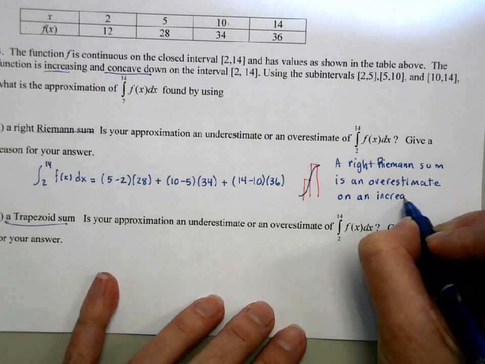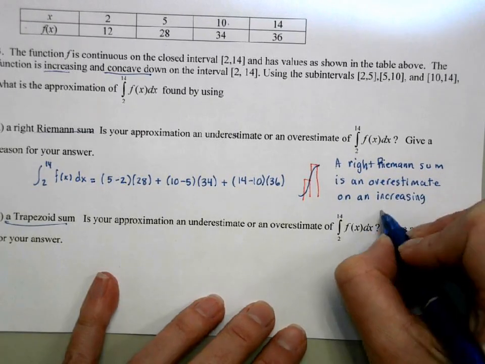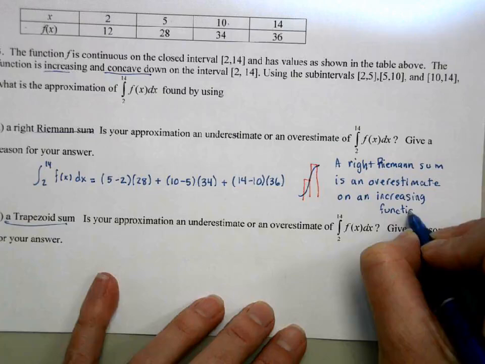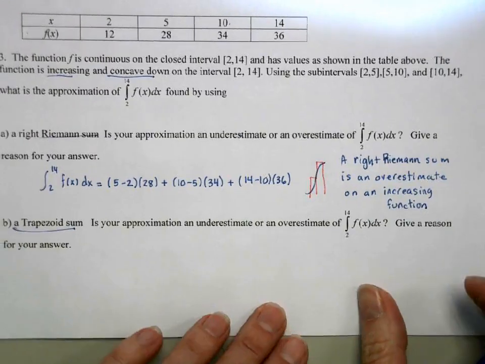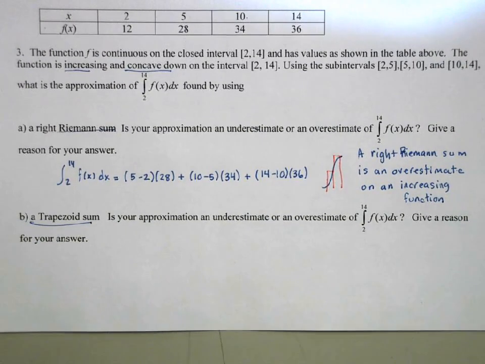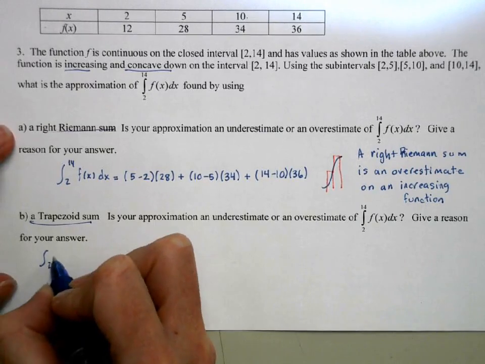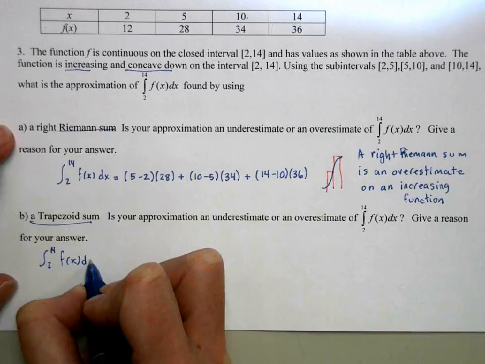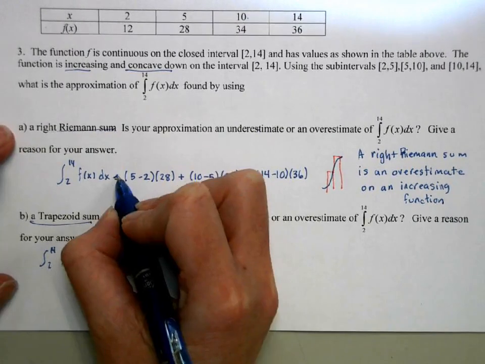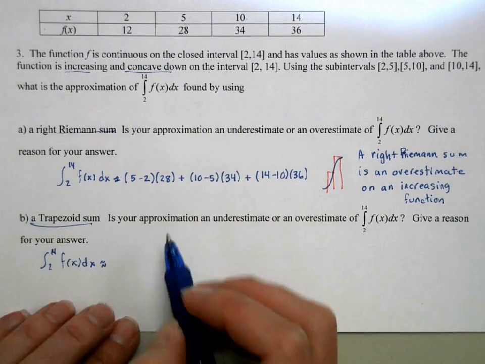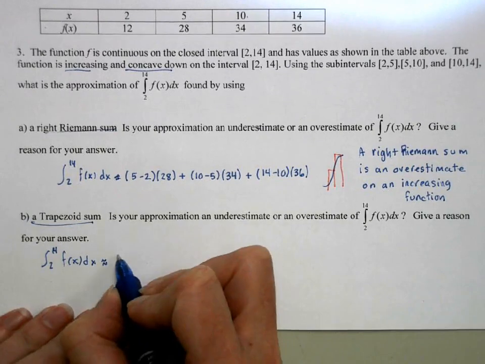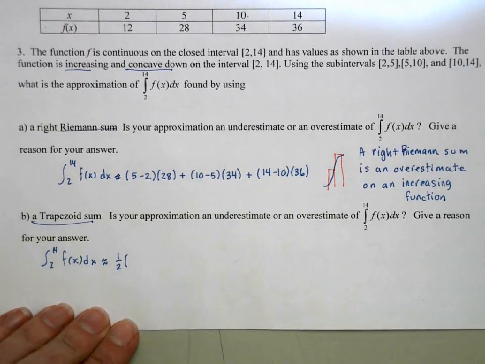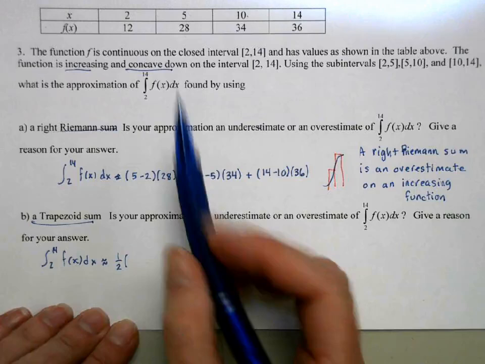Okay, next we're going to do a trapezoid rule. Approximately. Okay, so the trapezoid, we've got 3 trapezoids. The height of the trapezoid is going to be the distance between the x values, so 5 minus 2. And then the 2 bases are the 2 y values, so 12 and 28.